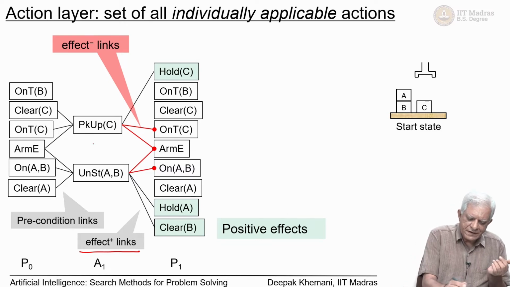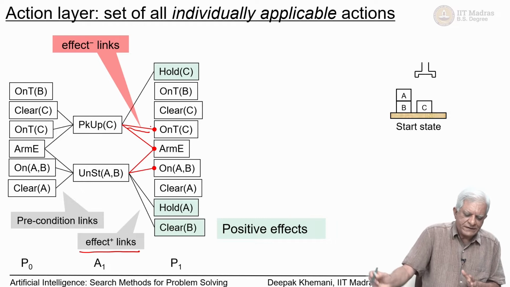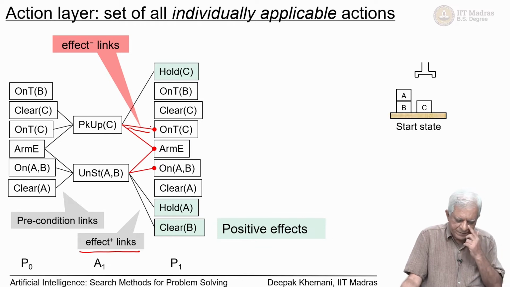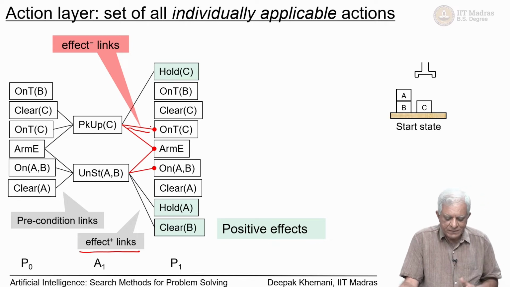So, for example, if you pick up C, then you are going to delete on table C. That is shown as this negative link here, which I have drawn in red arrows ending in a circle. So, for every action, there are three kinds of edges. One is a set of precondition links which take them to the preceding proposition layer, and then there are the positive and the negative effect links which connect them to the next proposition layer.